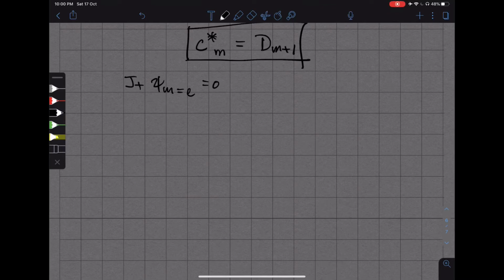And by assumption, our representation is finite dimensional, and therefore that cannot happen. So suppose that we have taken such a vector, that vector on which if we apply J plus, it gets annihilated. Then if I apply Jz on this vector, where m is equal to L, then of course the eigenvalue here is L.